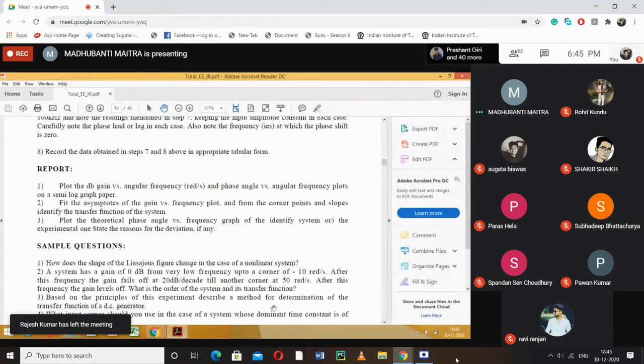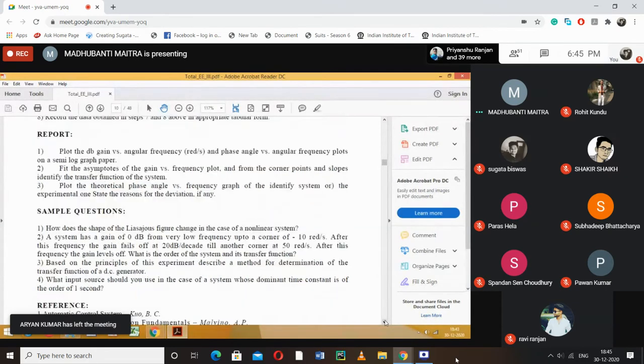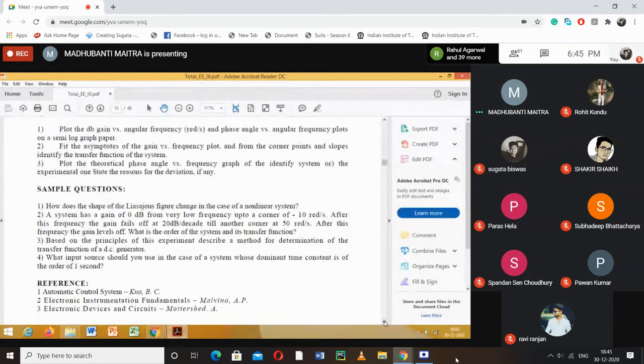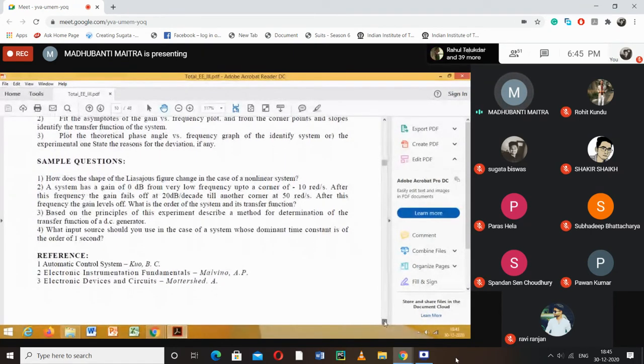And this one is also 50 radian per second. One more book will be very helpful for this experiment, that is Shahani's book on measurement.